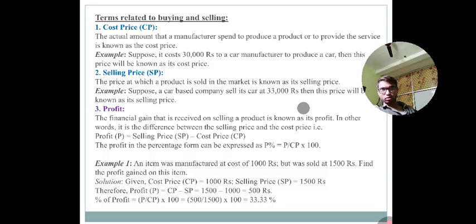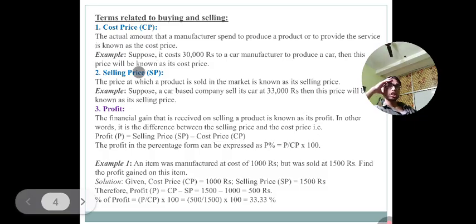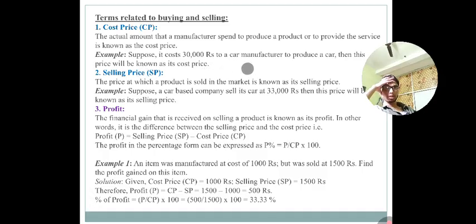Cost price: the actual amount that a manufacturer spends to produce a product or to provide a service is known as the cost price. Whatever price you see on a material is its cost price. If you purchase a book, you can see the cost price of that book.